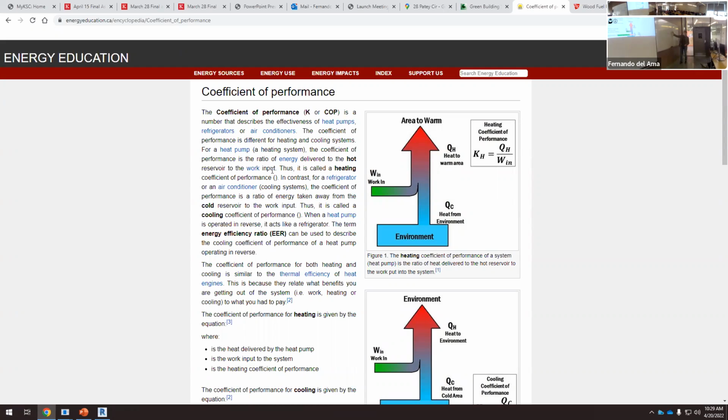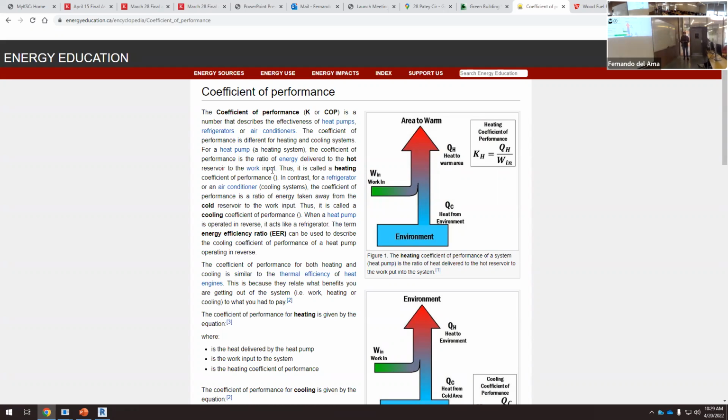I need kilowatt hours here. I can do this yearly, monthly, or daily. Let's work with a winter day. So my peak heat load is 41,285 watts.